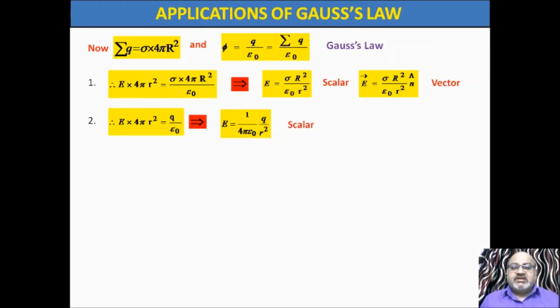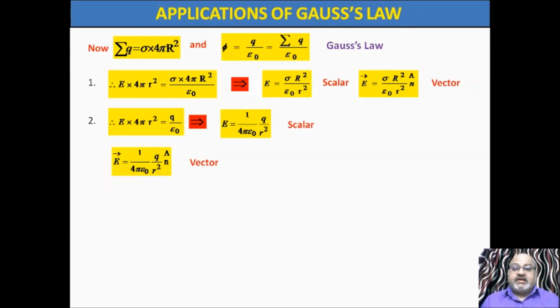This is the scalar form. If we wish to convert this to vector form, we multiply by n cap, and we get the electric field intensity in vector form equal to 1 by 4 pi epsilon naught q by r square n cap. This is the vector form.